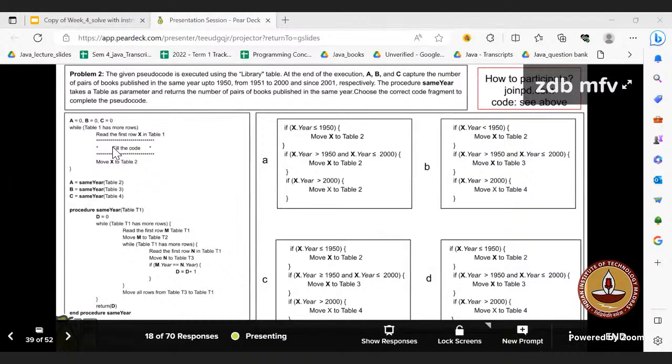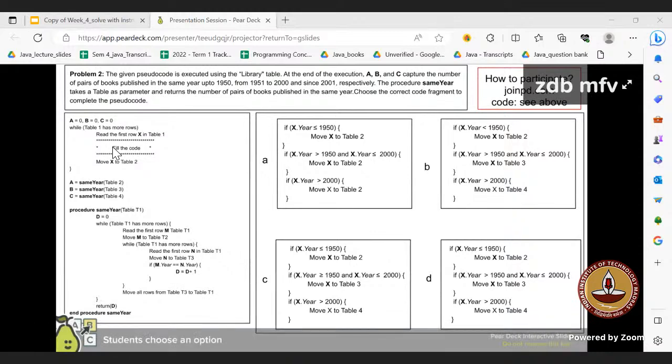So basically you have to find the number of pairs of books which are published in the same year up to 1950. Like 1948, if 2 books are published, then you should count them as a pair.